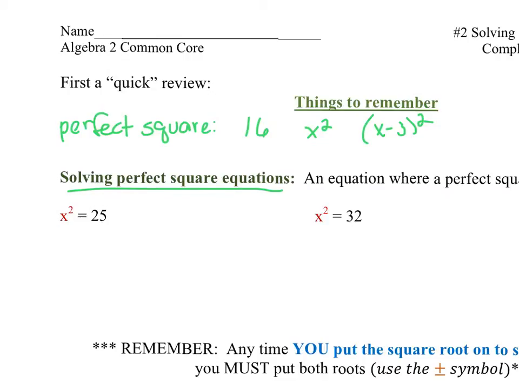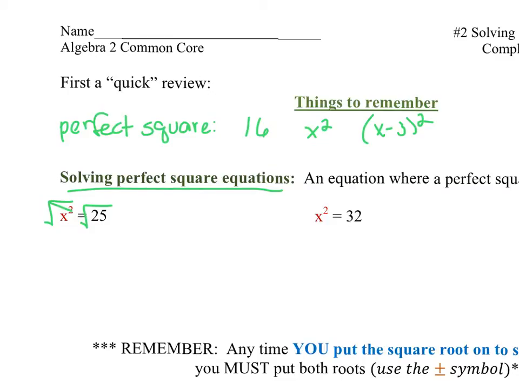So the inverse of x squared, the inverse of a squared, is square root. So that's what we use to get rid of the 2. Just like when you're adding in an equation, you subtract to get rid of it. They're inverse operations. It's an important concept. It will come up all the time in this class.